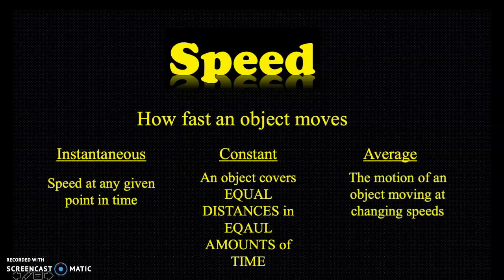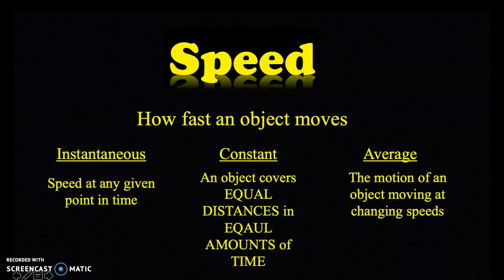So what is average speed? It's simply the motion of an object moving at changing speeds. If I tell you to get in your car and drive, say, from Yorktown to Carmel, over by Indianapolis, you would check how far you traveled in your car.